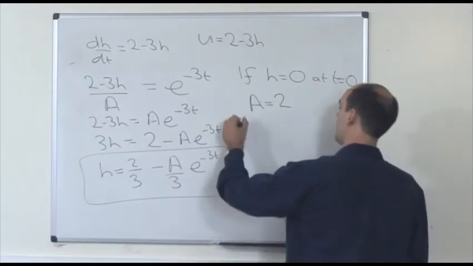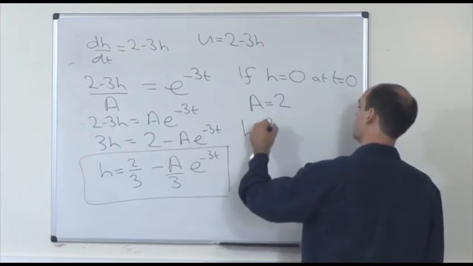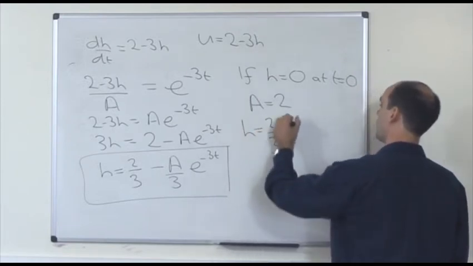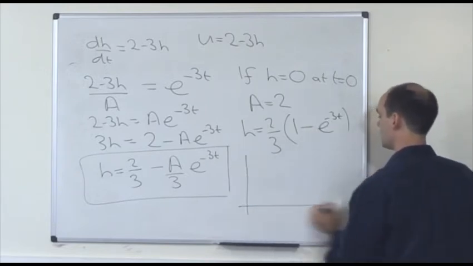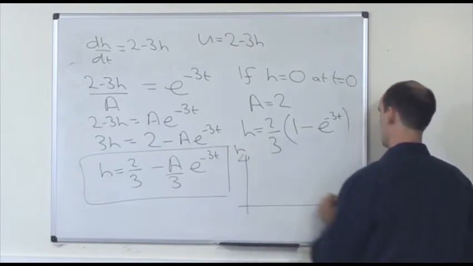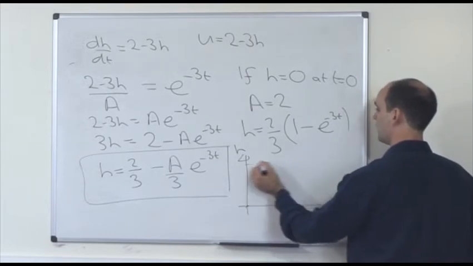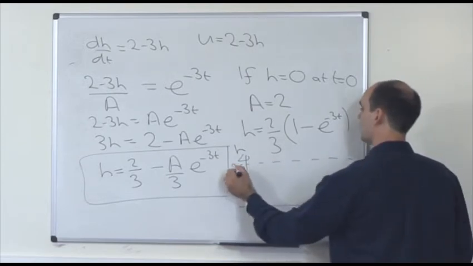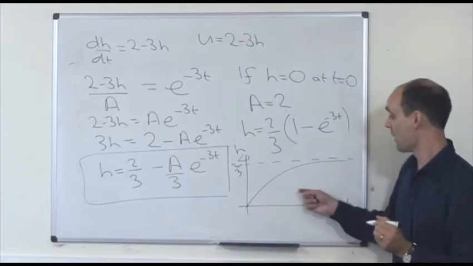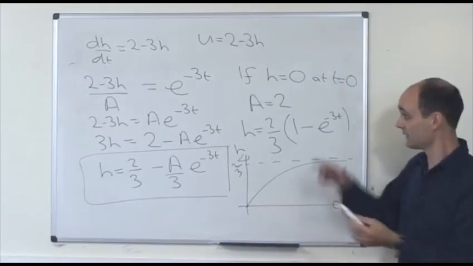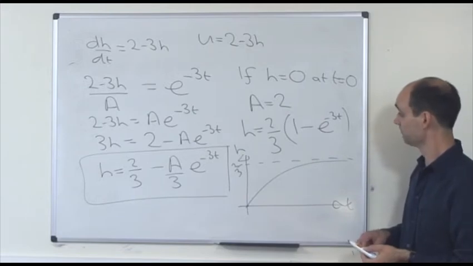And so h is now equal to 2/3 into 1 minus e to the minus 3t. And so, as a function of time, h starts at 0, it goes up to a value of 2/3 and increases like so. That might remind you of the curve that we had for the capacitor. It's essentially the same sort of differential equation.